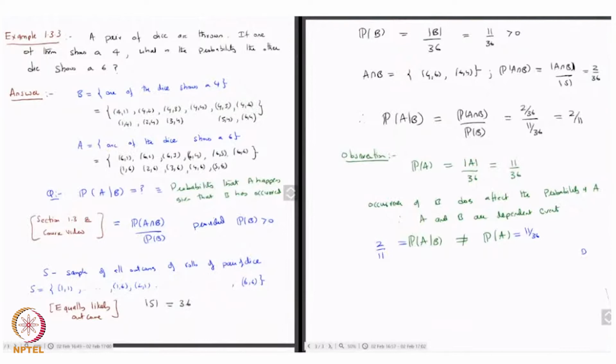Very nice. Good. This is one example I wanted. Okay, let me go to the next example. I'll let you let this sink in for a couple of seconds, or maybe 30 seconds.